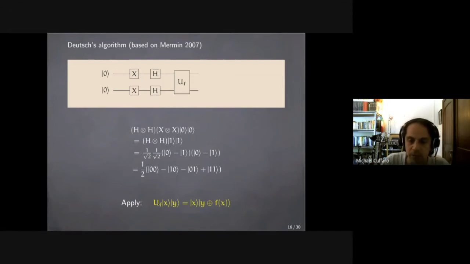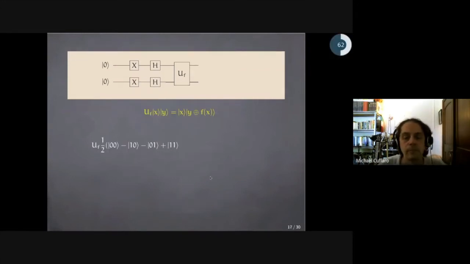The way this works is that it leaves X unchanged, and it takes the exclusive OR of Y with the result of applying our function to X. Now if we apply the unitary transformation to that, what we get is this.